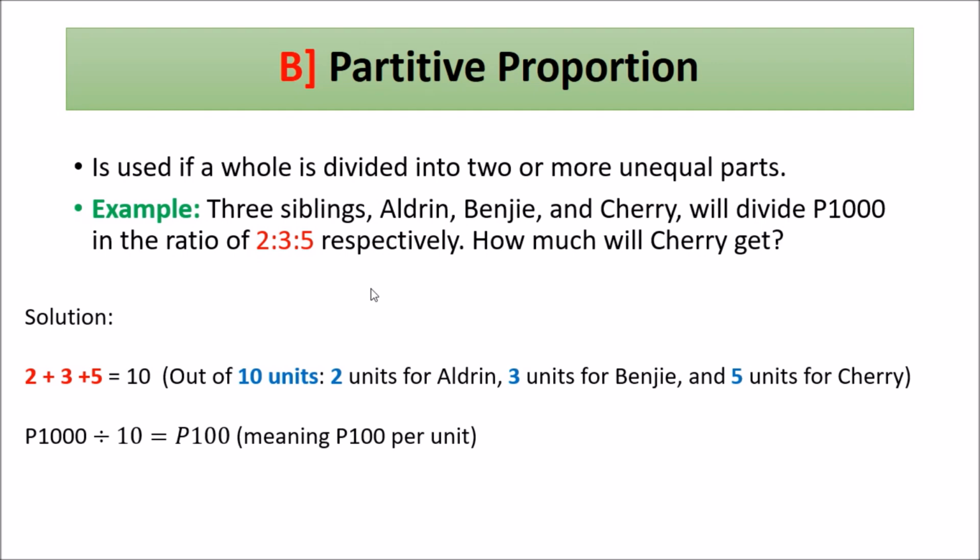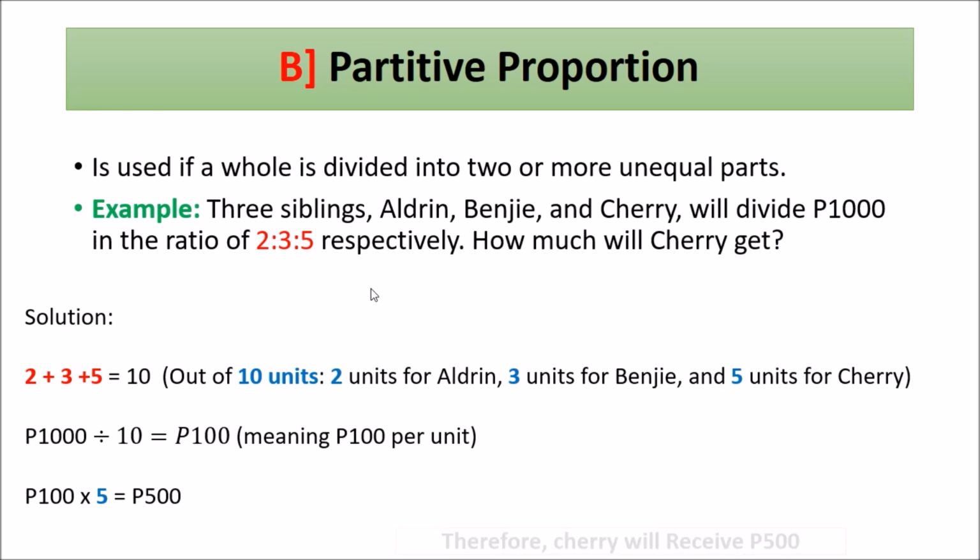Meaning that 100 pesos per unit. Okay? For every unit, there is 100 pesos. So since Cherry has a share of 5 units, we simply multiply 100 times 5, and that is equivalent to 500 pesos.